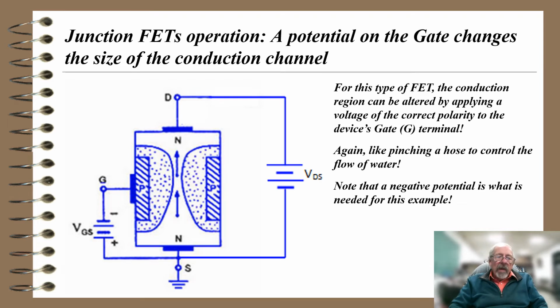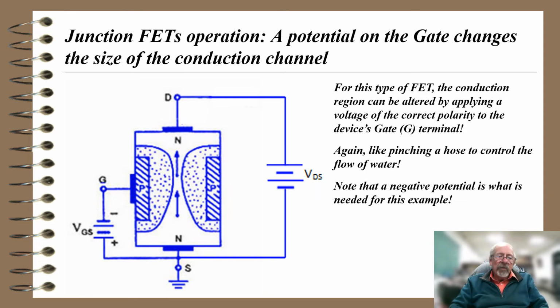The gate has a battery connected to it, and this only shows a gate on the left-hand side, and there probably would be a connection to a gate on the right-hand side. It's not shown in the diagram, but the gate has a negative potential on it, and you notice that the channel is being squeezed. Now, it's like pinching a hose to control the flow of water. Note that a negative potential is what's needed for this example.